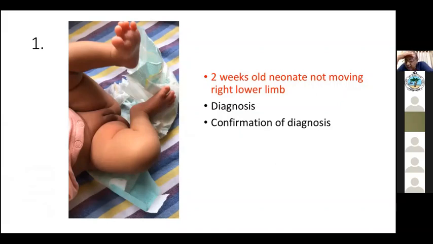Okay, the child is under your care. The child has come to the casualty. How will you confirm the diagnosis? Ultrasound.